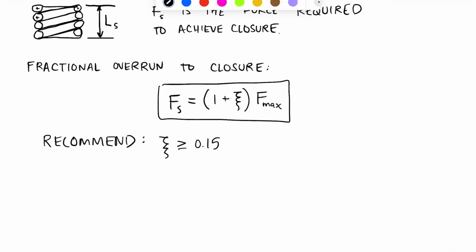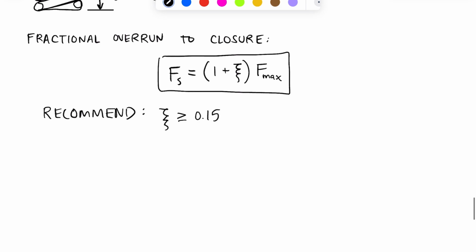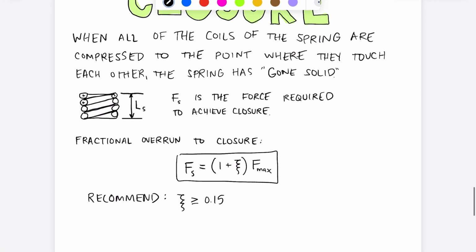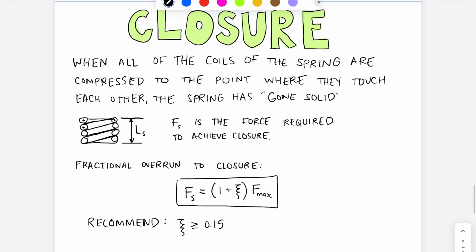Okay, so with that, we have covered closure. Again, that's when all the coils of the spring are compressed to the point where they touch each other. And as mentioned at the beginning of the video, sometimes this is desired.